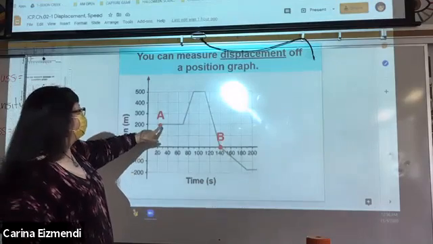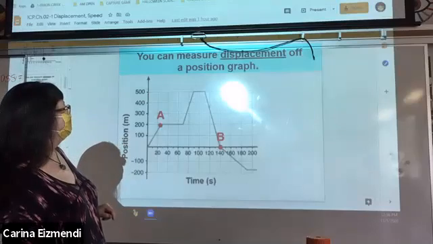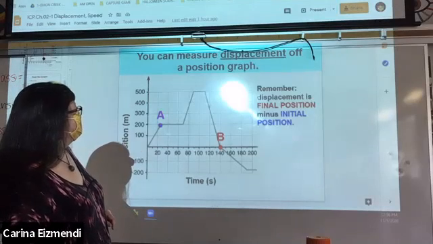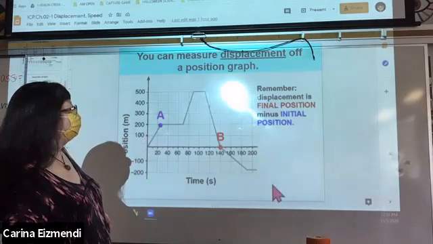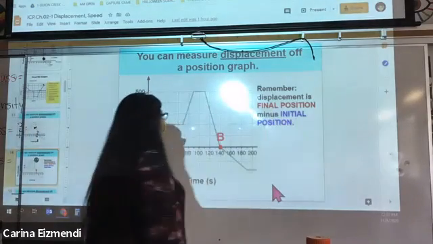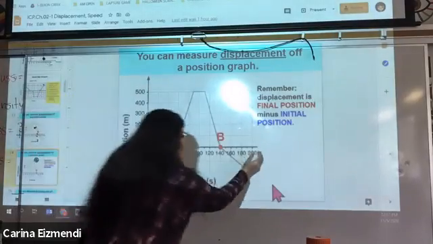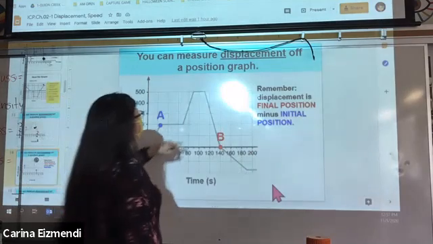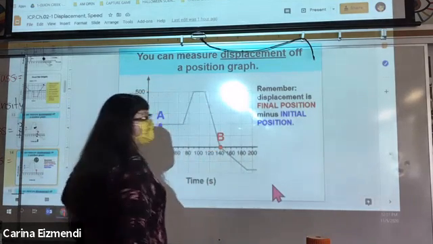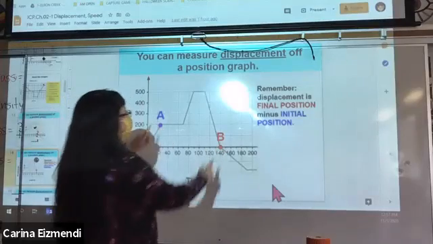So if we wanted to look at point A and point B, the displacement, you can think of as final position minus initial position, and whatever these are depends on what you said. It's not necessarily the beginning and the end of the graph. It could be here's the first position, here's the second position.